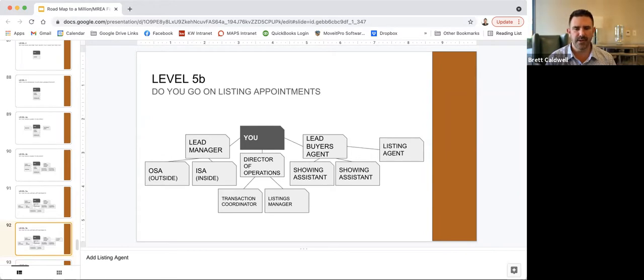But at some point in time, level 4 talks about pulling you out of the buy side of the business. Level 5 talks about pulling you out of the seller side of the business, and really starting to build out around listings. And remember, you never lose your connection or commitment to lead generation.